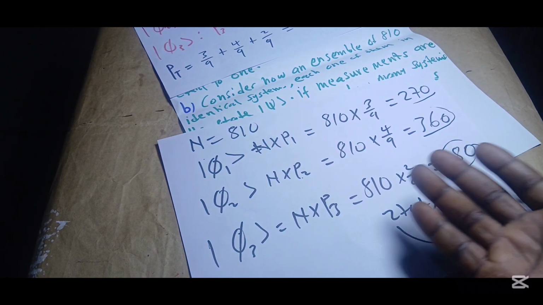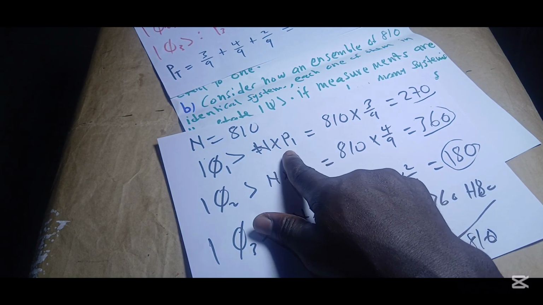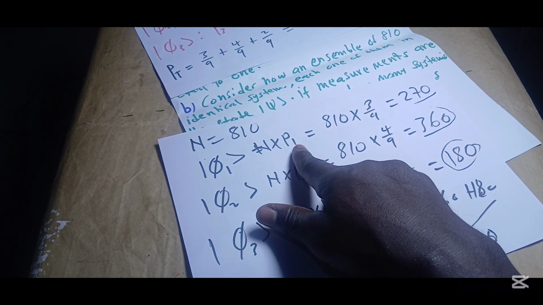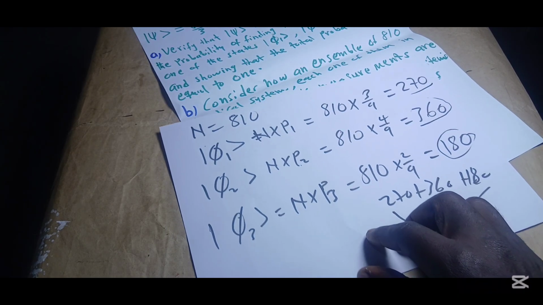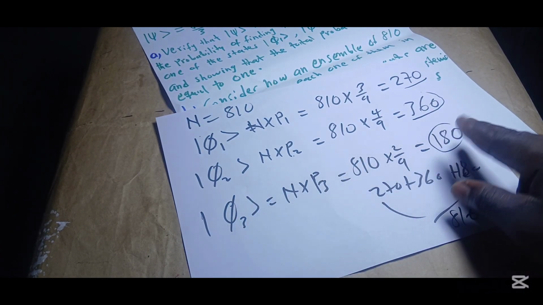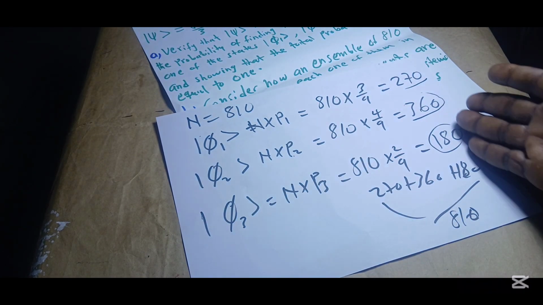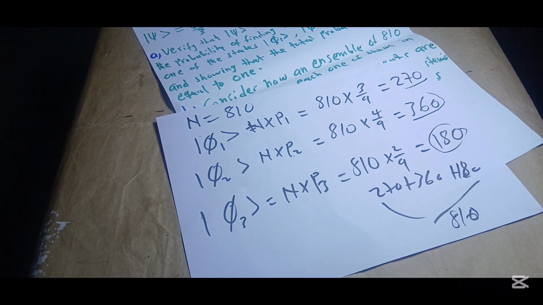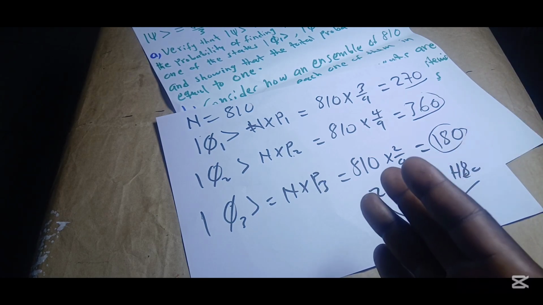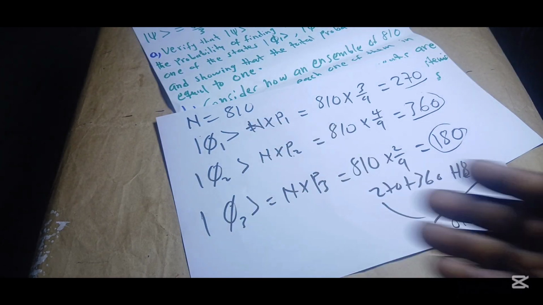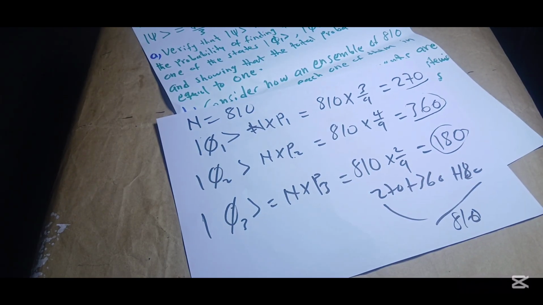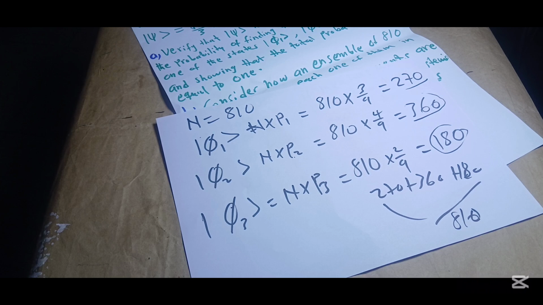The formula is equal to the number of ensemble multiplied by the probability contribution of the vectors, with which we performed our calculations to get the number of ensemble that will fall on each vector. And here they are state vectors. So that is it for this problem.